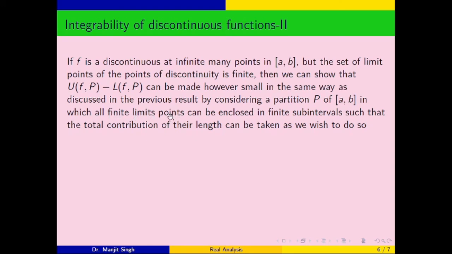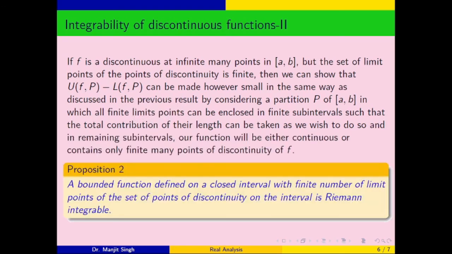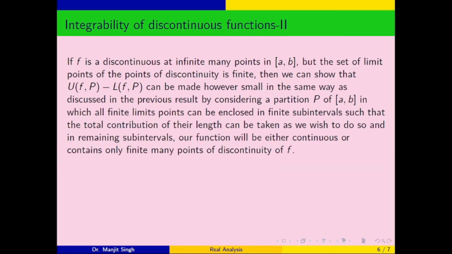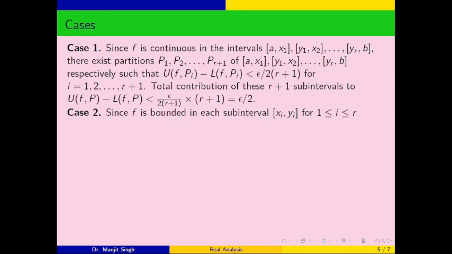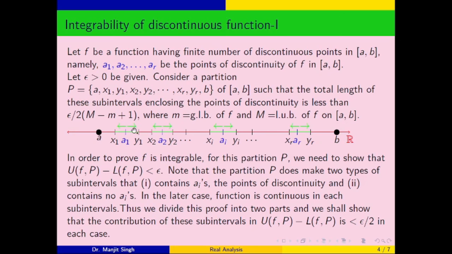So, finite limit points: as we know, in the neighborhood of a limit point there are infinitely many points of the set except a finite number of points. So we can divide a partition P in such a way, as I showed in the previous graph. Now you can consider a1 is a limit point, a2 is a limit point, ar are limit points of the set of points of discontinuity.